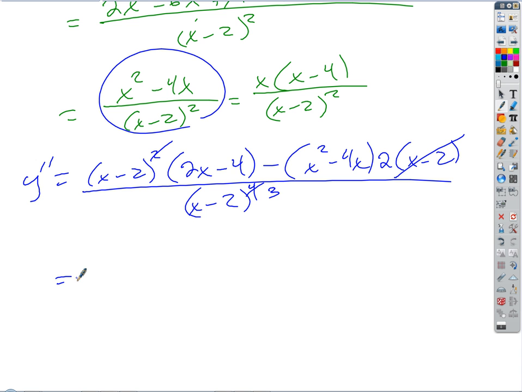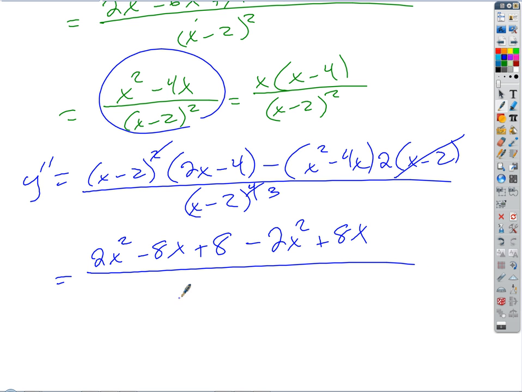If we FOIL this out, we get 2x squared minus 4x plus 8. And then over here we get minus 2x squared plus 8x. Divided by x minus 2 cubed.